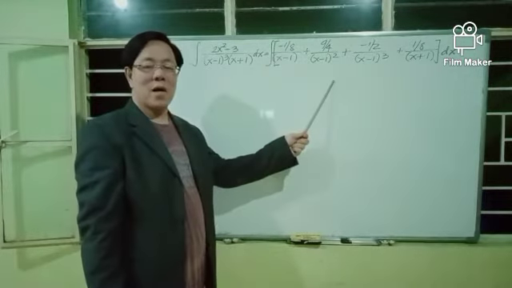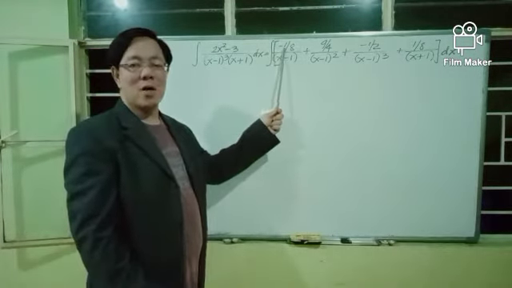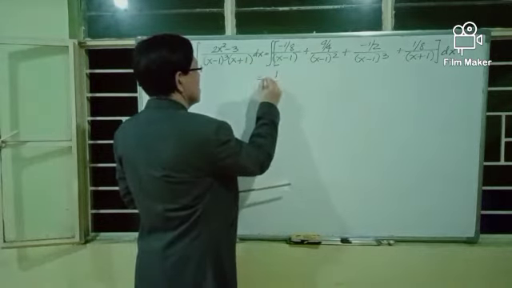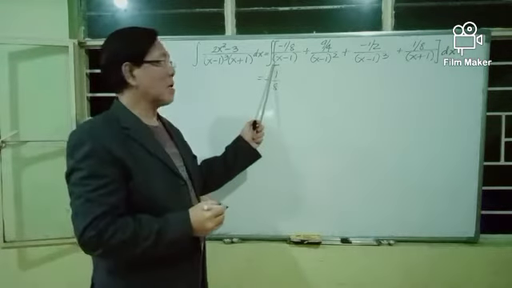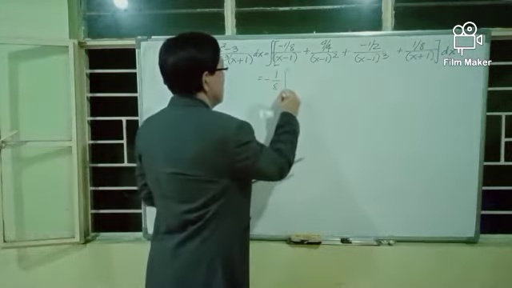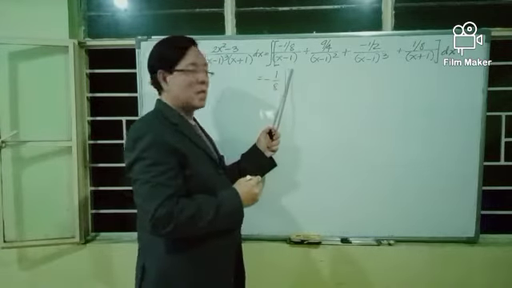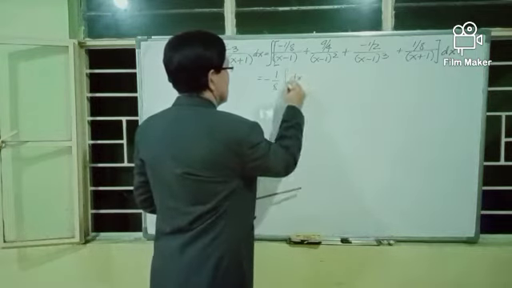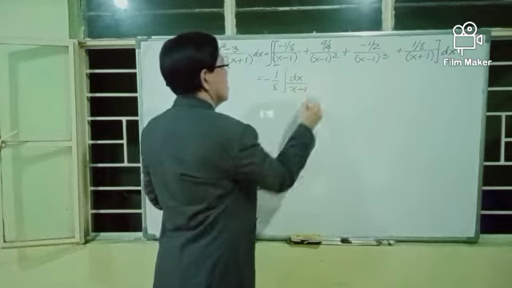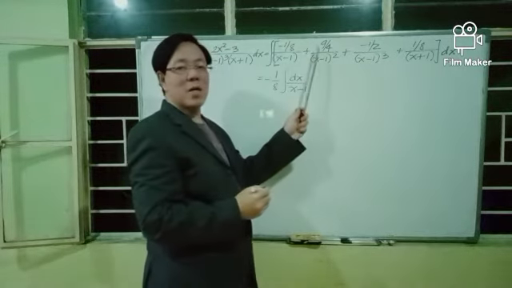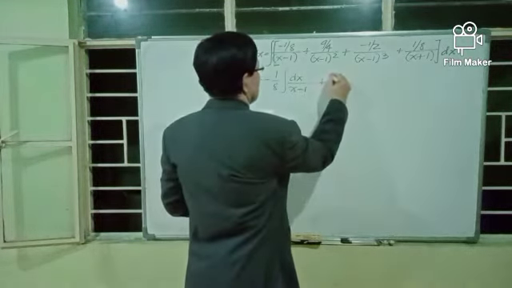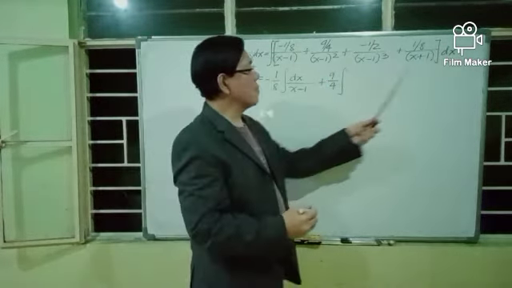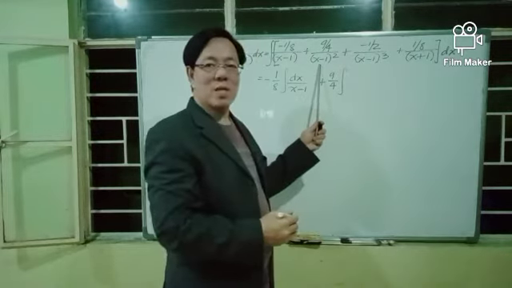Hence, the right-hand side is now equal to negative 1 over 8, a constant, multiplied by the integral of 1 over x minus 1 with respect to x, plus the constant 9 over 4 multiplied by the integral of dx over x minus 1 squared.